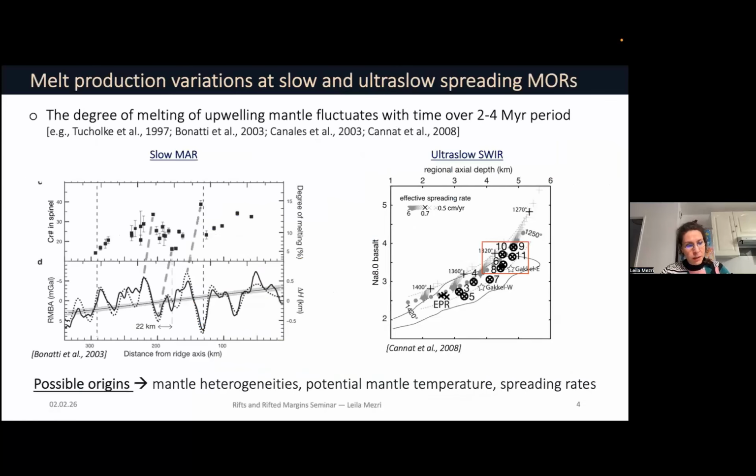The fluctuations in melt production have also been documented by geochemical studies, which show that the degree of melting of the upwelling mantle fluctuates with time over a period of 2 to 4 million years. The origin of these fluctuations is attributed to mantle heterogeneities, potential mantle temperature, and spreading rates.